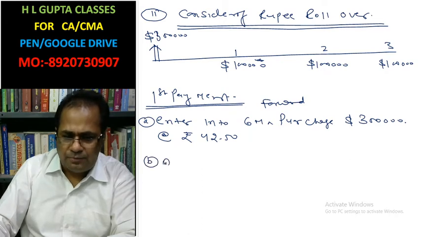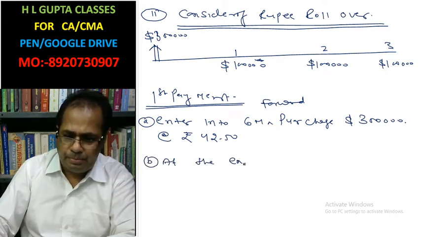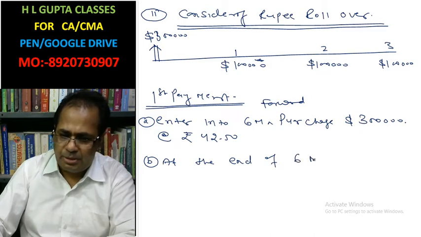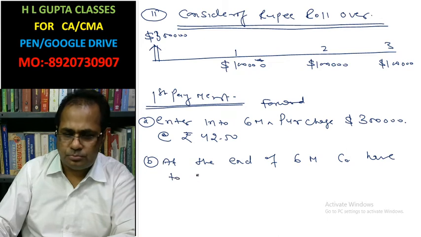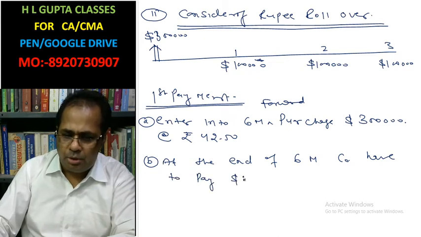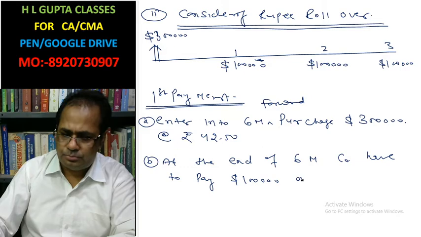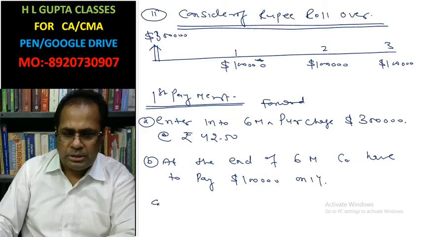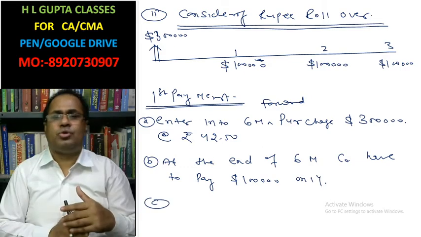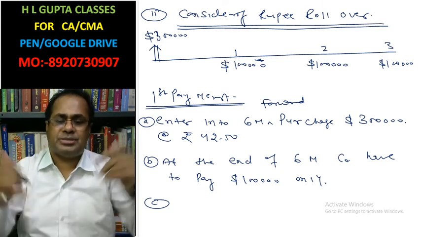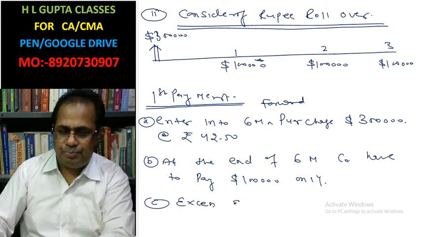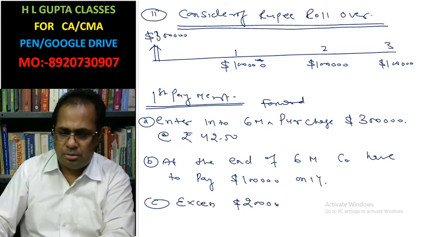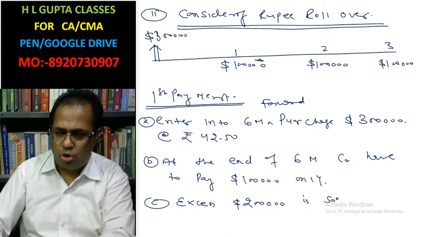At the end of 6 month the company has to pay dollar 1 lakh only. In this case, the excess $2 lakh is sold at a spot rate.